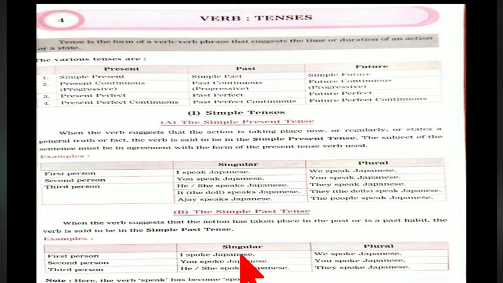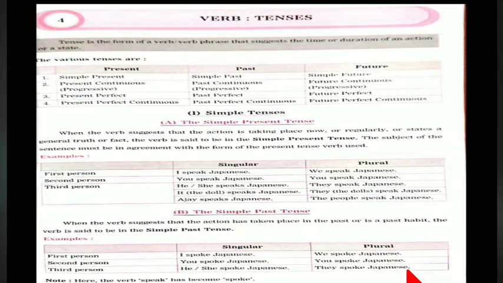Then when you are writing a statement in the second person form, you spoke Japanese, you spoke Japanese. In the simple present tense it was speak, then here it became spoke. And the third person, he or she spoke Japanese, they spoke Japanese. Here the verb speak has become spoke. So speak changes into spoke. The form of the verb changes.